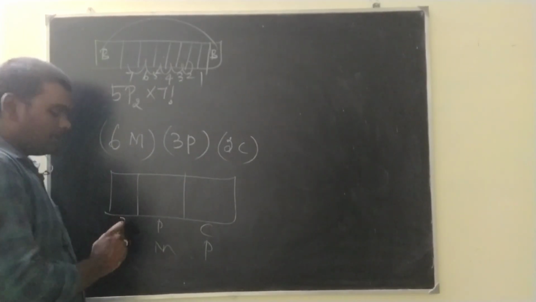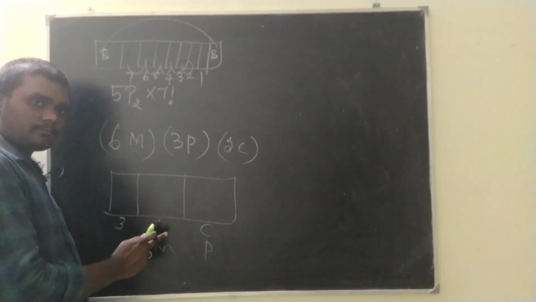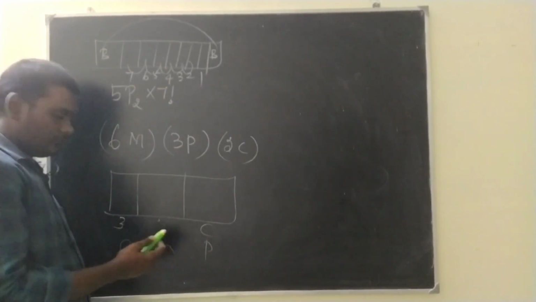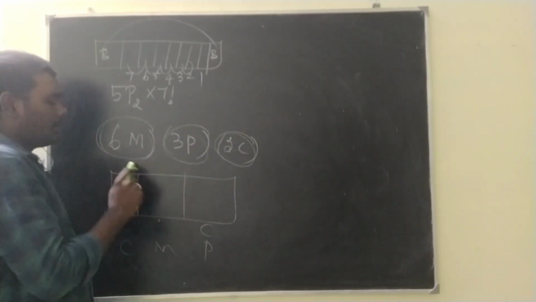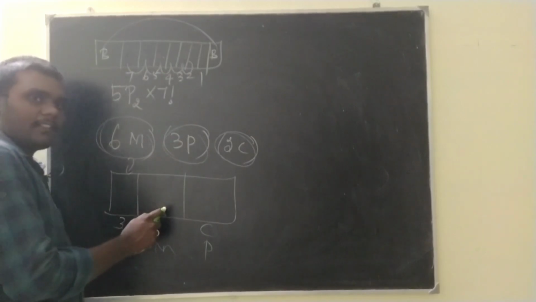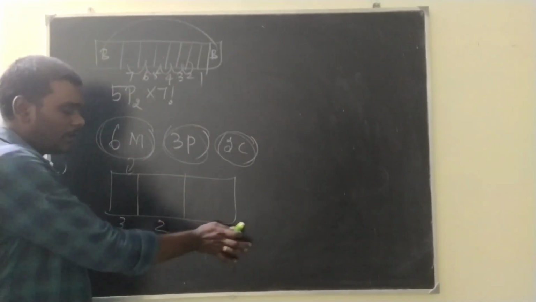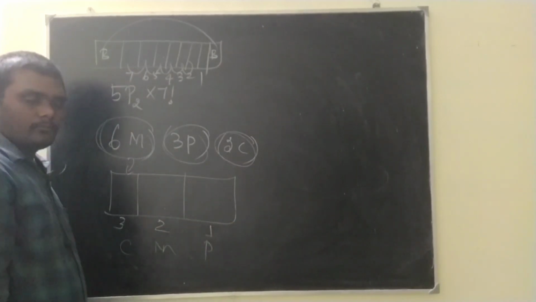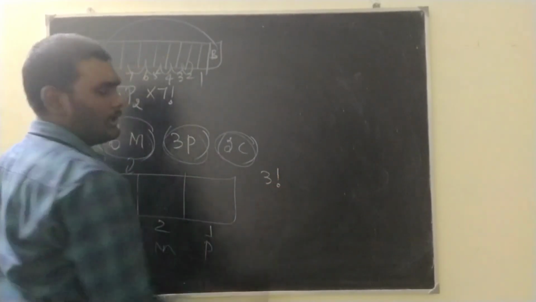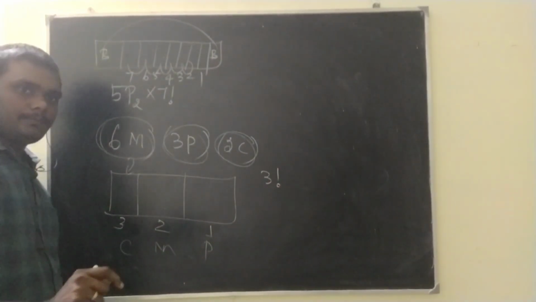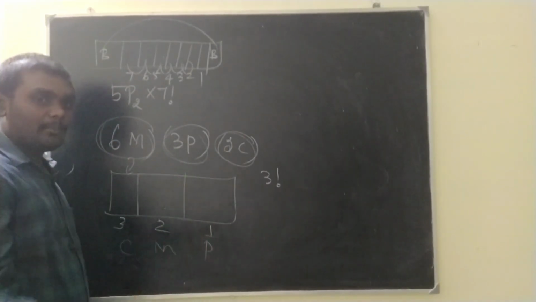This box has 3 options. From the 3 groups, we allotted 1 group here. Then this box has how many chances? 2. Then this box has 1. So these 3 groups can be arranged in 3 factorial ways. Also, after arranging the groups, they say these are different books.